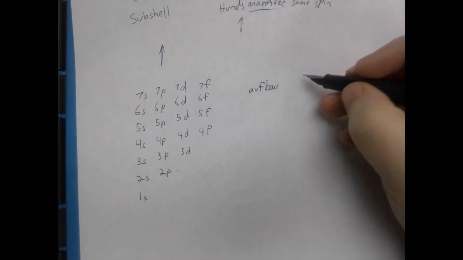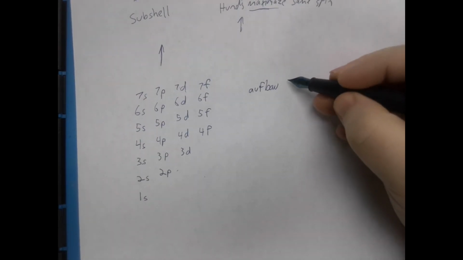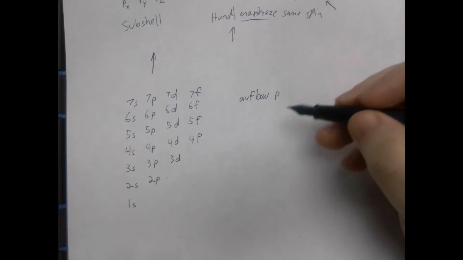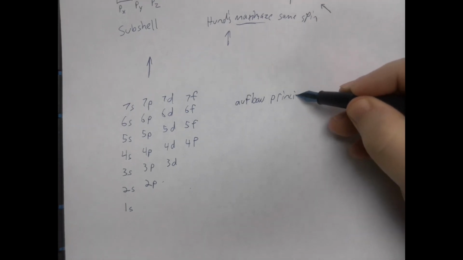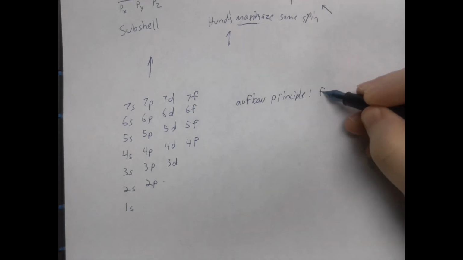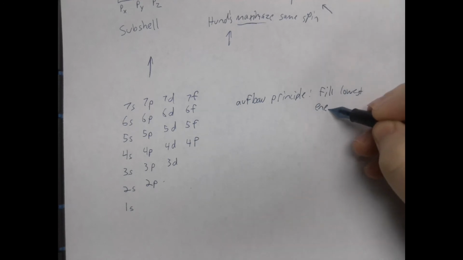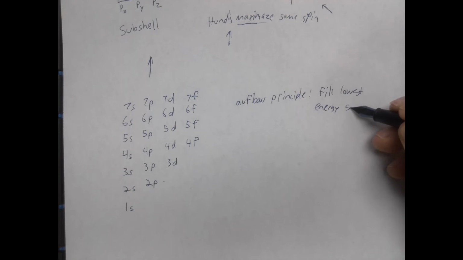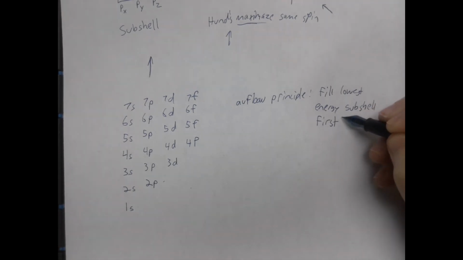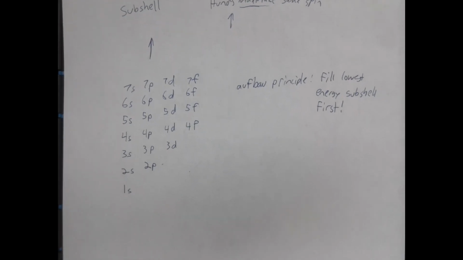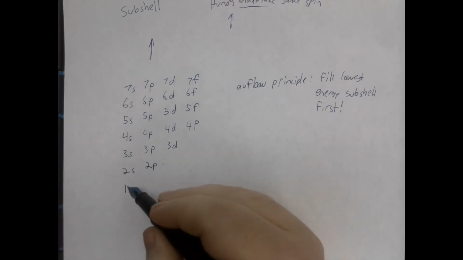So Aufbau says, or however you pronounce it, we begin with the lowest. Aufbau principle: fill lowest energy subshell first. So what is the lowest energy one? That would be S1, or 1S.